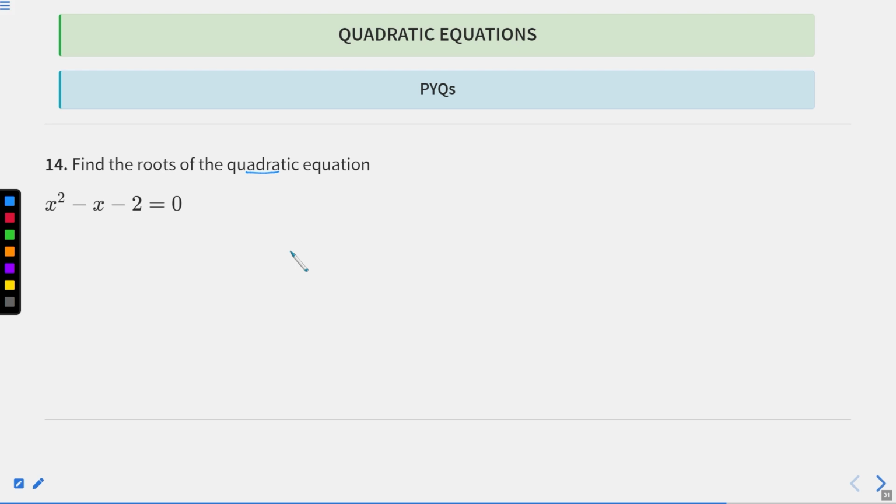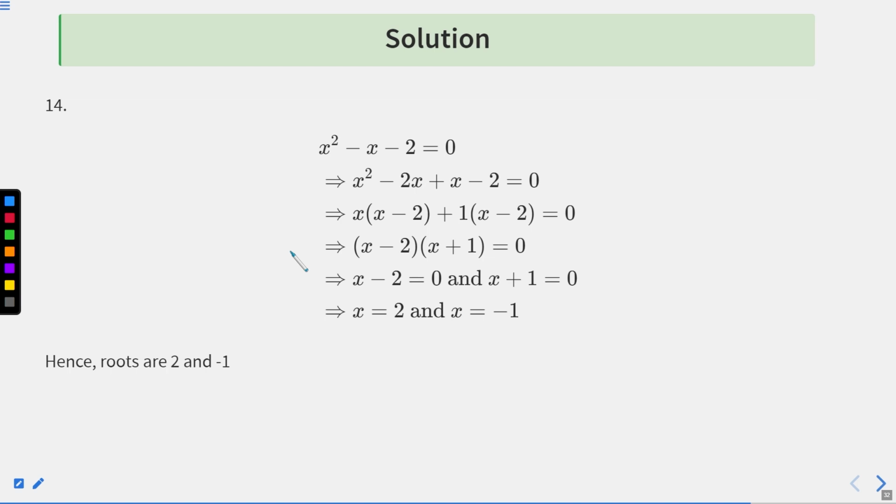Okay, so now let us solve this problem. Here first we will use the factorization method. We can split the middle term minus x as minus 2x plus x. So x square minus x minus 2 is equal to 0 can be written as x square minus 2x plus x minus 2 is equal to 0.